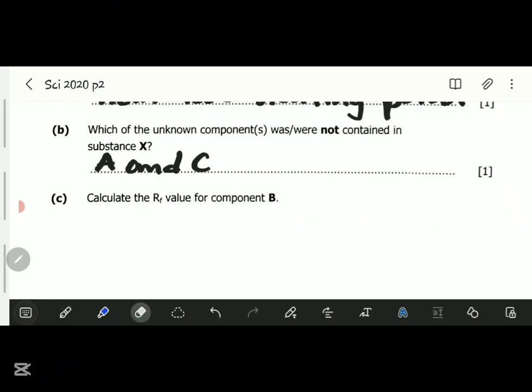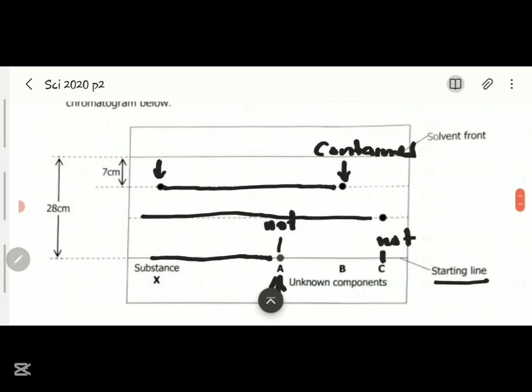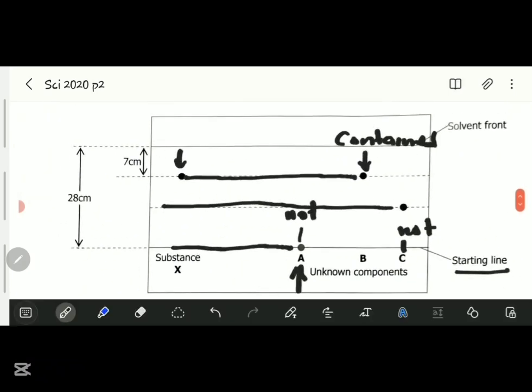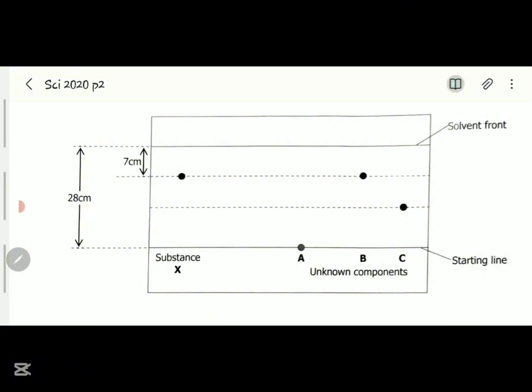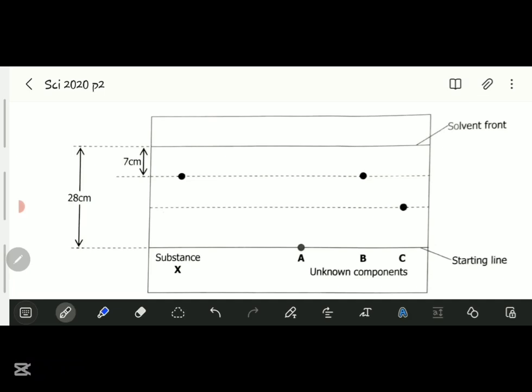All right, so let's go back so that we extract the data. So we just clear up the whole chromatogram there so that we can see better. All right, so the distance moved by the solvent is 28 centimeters, from where it started to where it has ended.